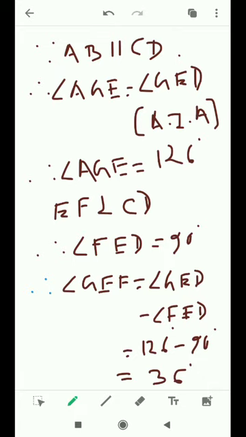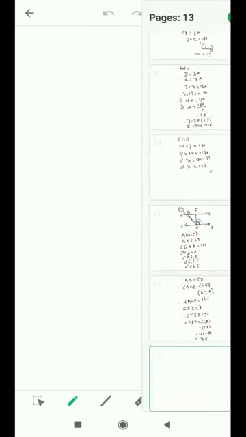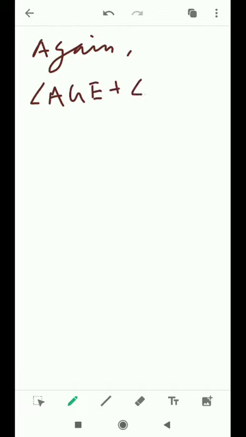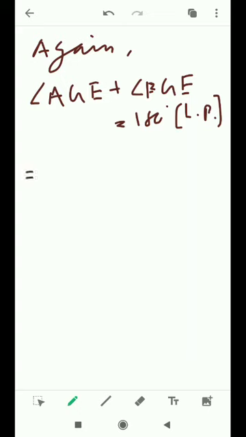Now FZE and AZE are forming a linear pair. From the diagram you can see. So again angle AZE plus FZE equal to 180 degree because they are a linear pair.